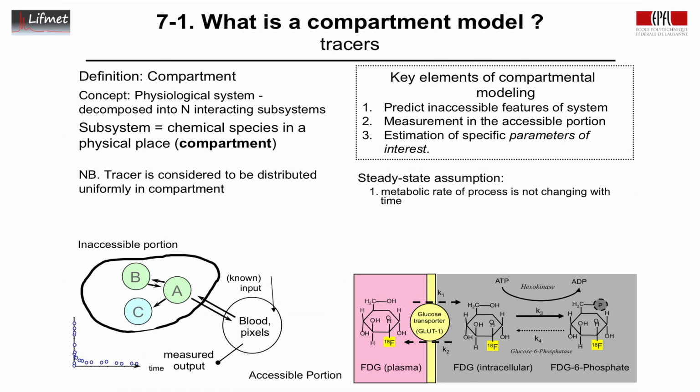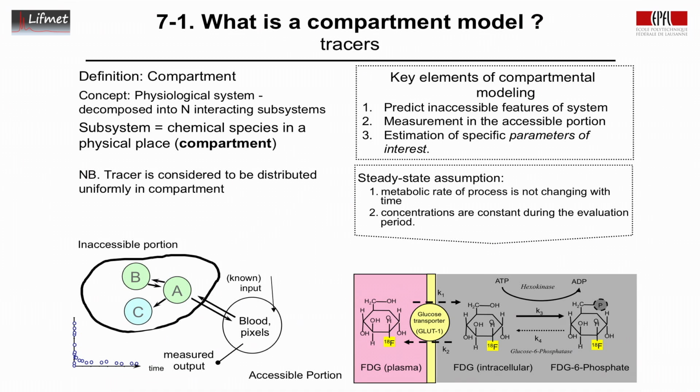It may change, but what does it mean? If we make this assumption, it means we're calculating an average value of glucose metabolic rate. We're also assuming, as a steady state assumption, that the concentrations of all the compounds involved and the enzymes, etc., are constant during the evaluation period.